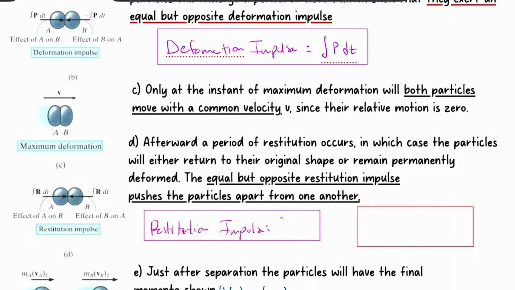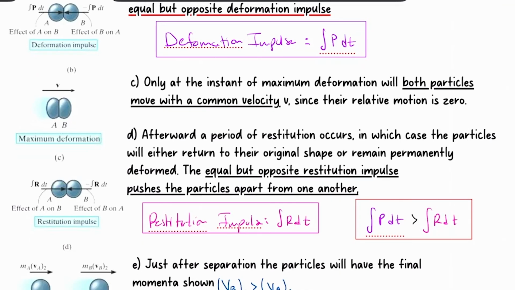This will be the integral of R dt, where P and R are just those forces right there. So in this case, the deformation impulse is greater than the restitution impulse, the force that acts on them for them to be separated, compared to the one that acts when they collide.